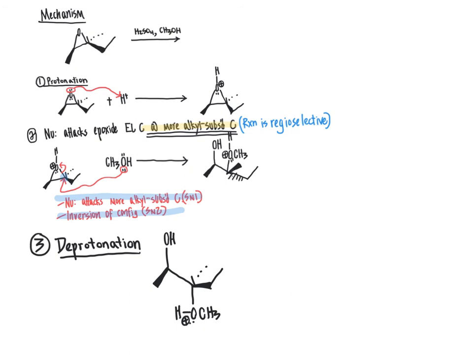I did rotate it around so that it looks a little more geometrically pleasing. But the way that we know that it's still exactly the same structure is if we assigned the configuration to the structure up top here, we would find that that configuration is R. The same is true down here, that this is also R. So that's how we know that those two structures are identical.